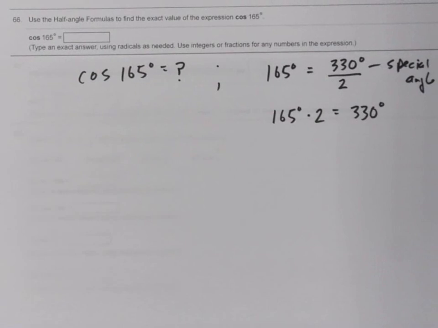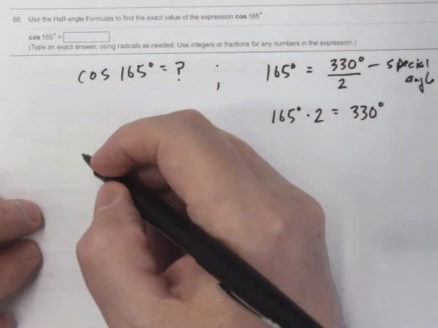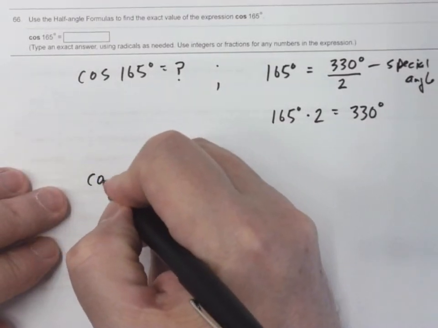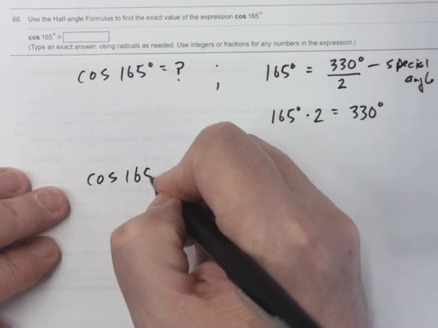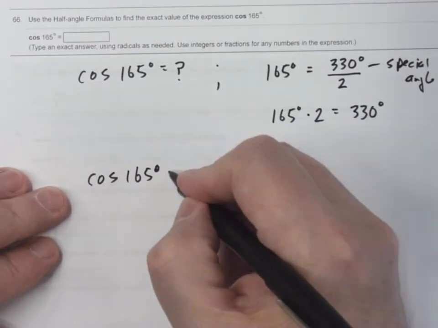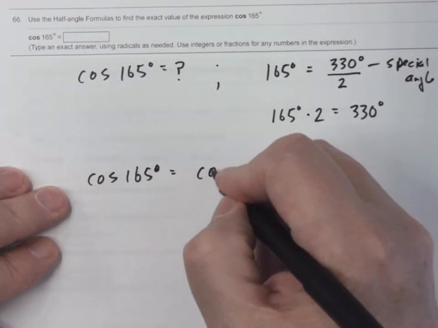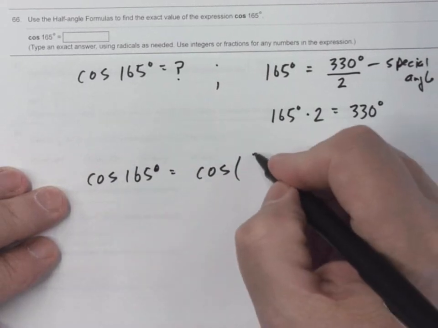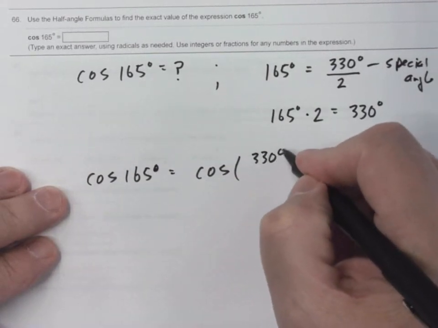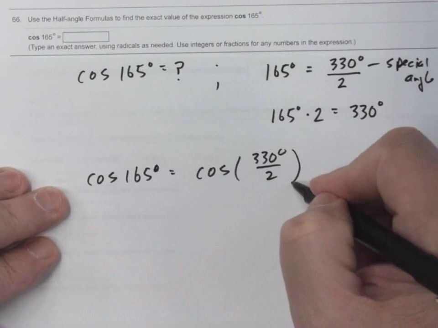Let's go and do this problem, and you'll see how that makes all the difference. I'll write it this way. Cosine of 165 degrees, I can rewrite that as the cosine of 330 degrees over 2.